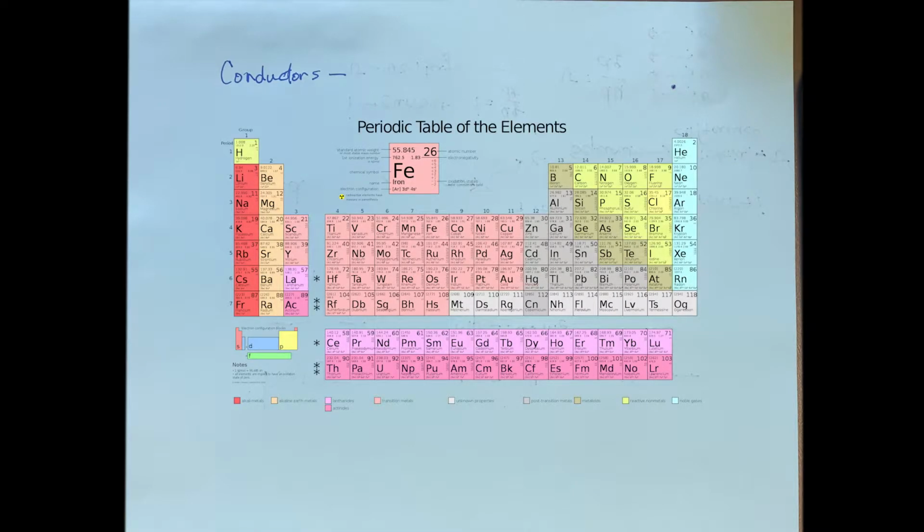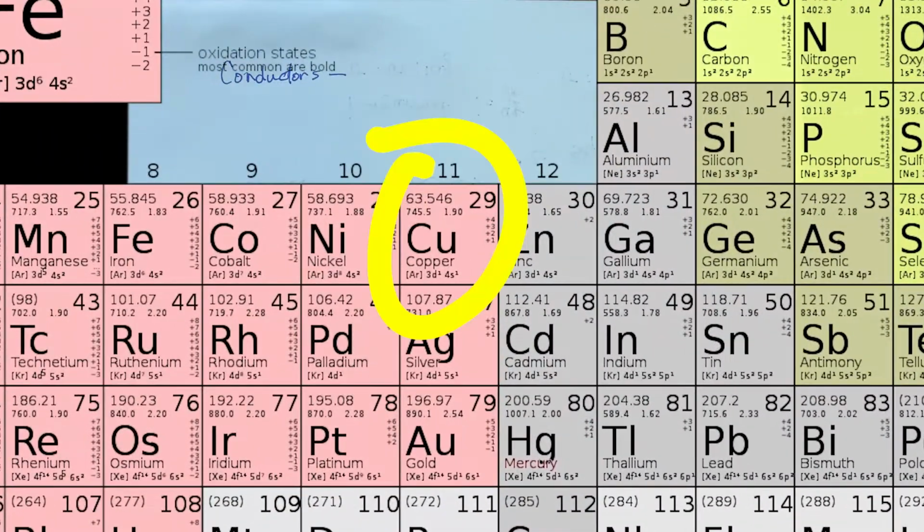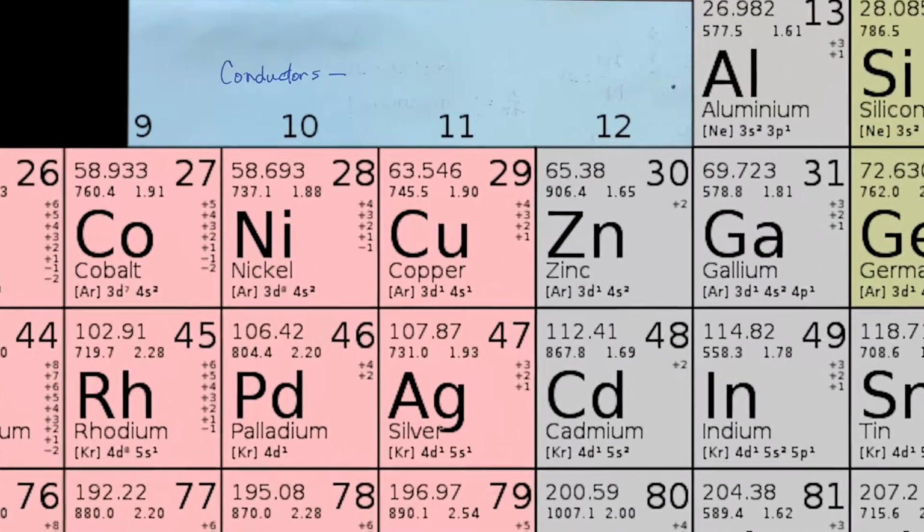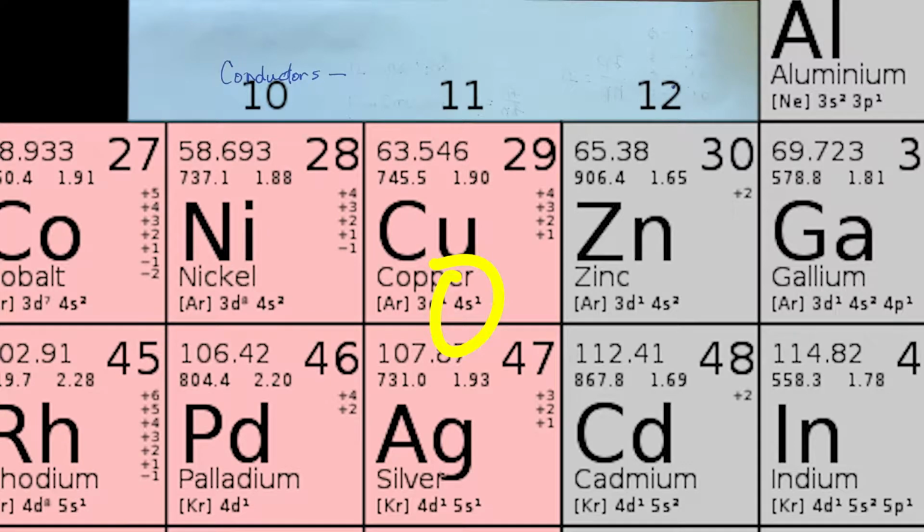If you look at a periodic chart of elements and you look at the element copper, we often think of that as a good conductor, and it is a good conductor. But what makes it a good conductor is it has one valence electron in its outer shell, and if you knock off that valence electron, which doesn't take much energy in the case of copper, then that electron will flow, as well as other electrons in the copper material, and that makes it a good conductor.